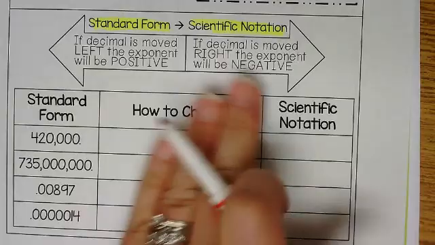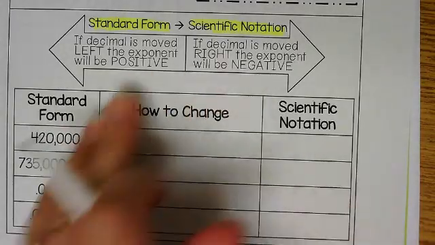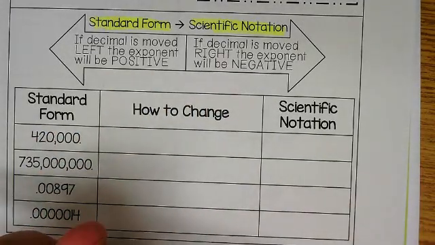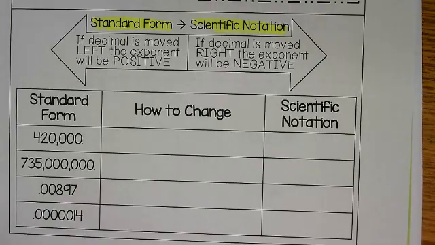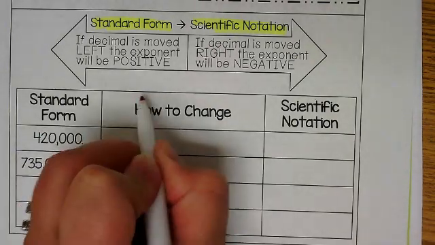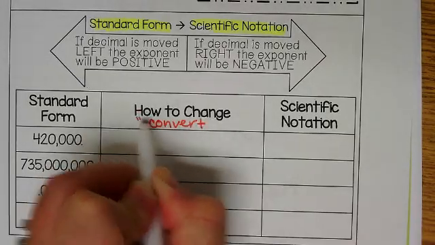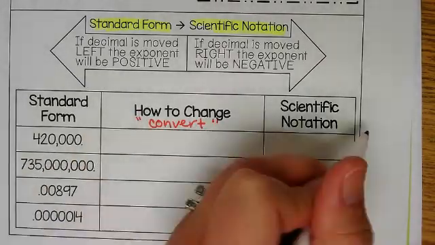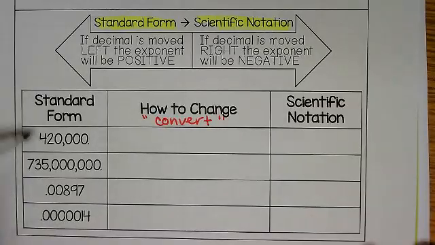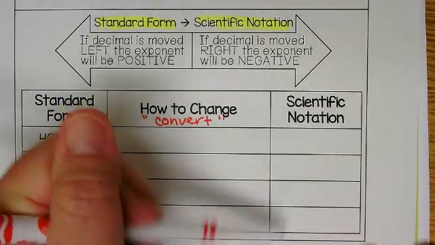This stuff right here in these arrows will make more sense as I talk through each example. So your first example, you are going to be changing. Another word is convert. So we are converting from one to another, in this case, standard to scientific. This is how you normally write your numbers, and this is the shorthand way.